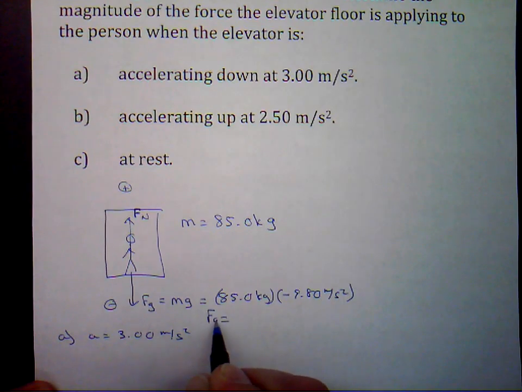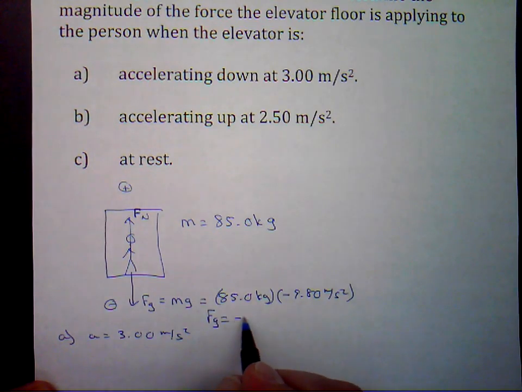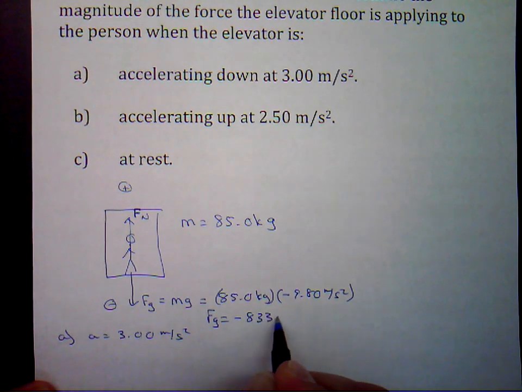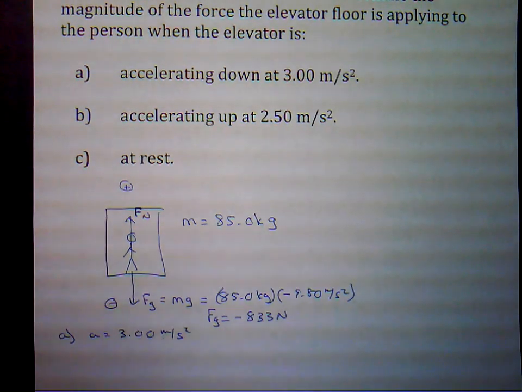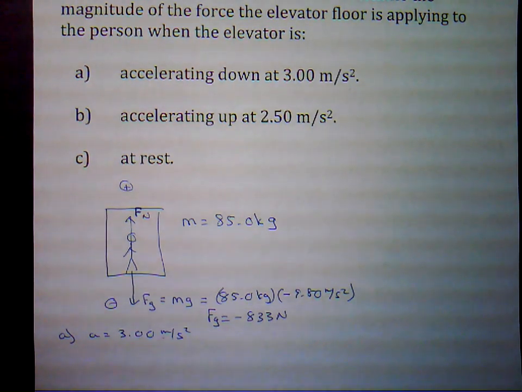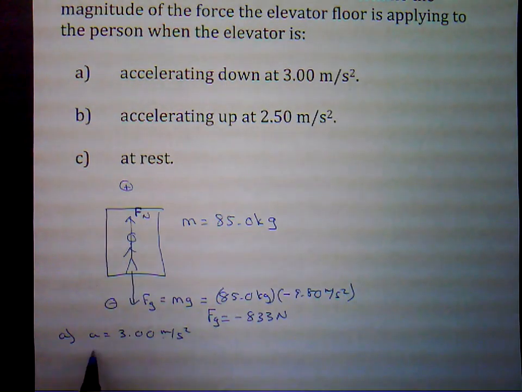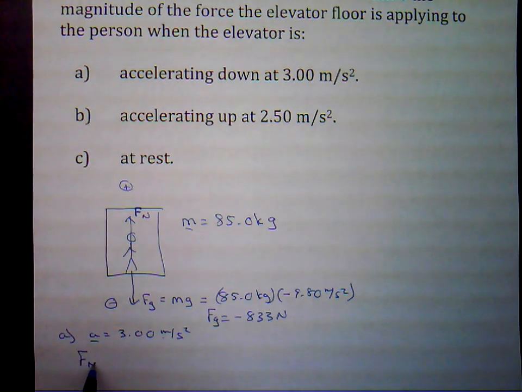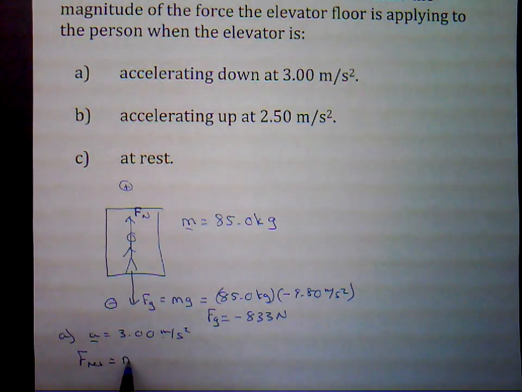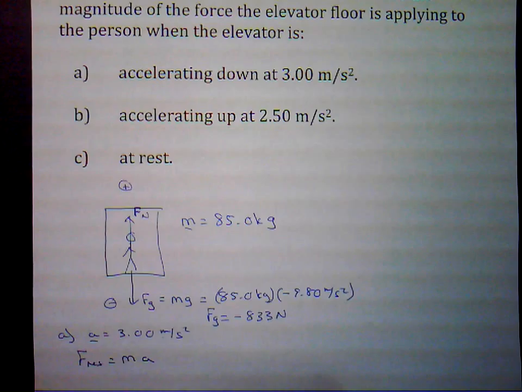This force of gravity acting on the person is then going to be negative 833 newtons. In order to determine the acceleration that this person has, we know the net force. Since we have the acceleration and the mass, the little bell should go off in your head. We know acceleration and mass, we can get the net force.